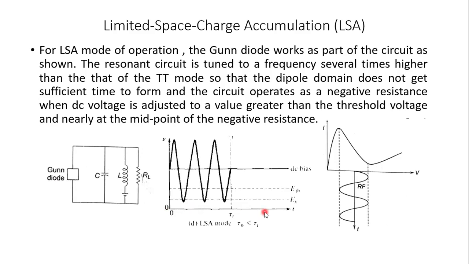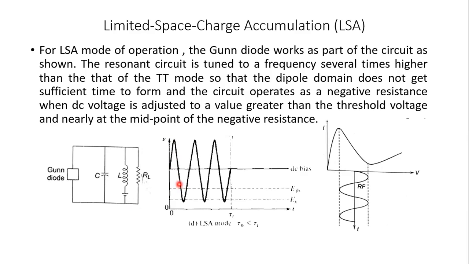So what happens is that even if from here to here in this cycle, the electric field intensity throughout the sample is above this threshold voltage, the time given for the electrons to form that domain is not sufficient.